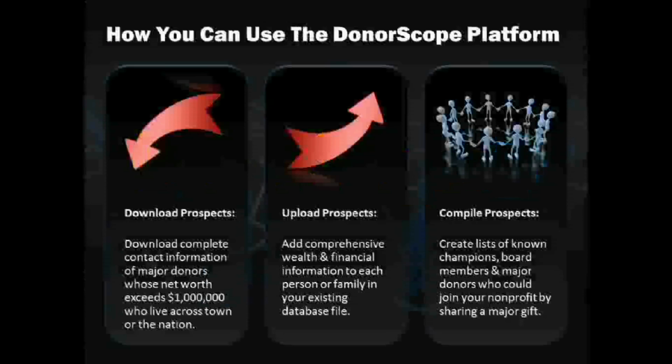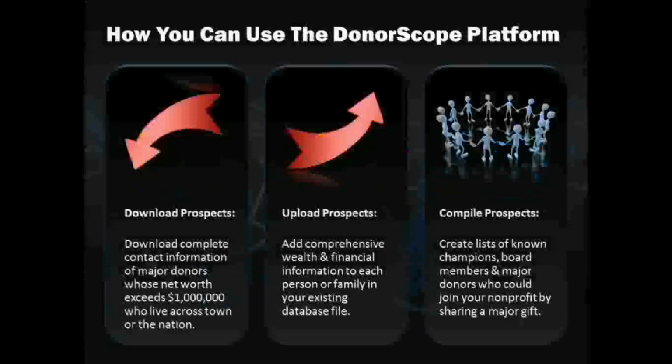The second function of DonorScope is, if you already have an existing file, a group of friends, some of them may not be giving, it could be prospects, it could be actual donors, what does it look like to upload that file to DonorScope and then have DonorScope append the financial, publicly held information for each record in your file, so you can have a better understanding of the potential that's already in your universe.